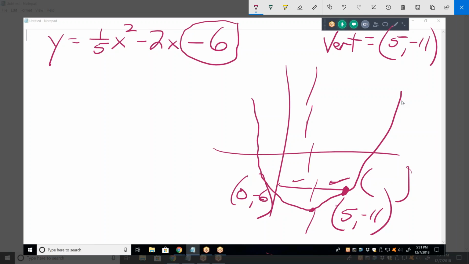So what is the x-coordinate on this point right there? This is 5, that's 5. Oh, it's 10. And what's the y-coordinate? The y-coordinate is -6. It doesn't change.